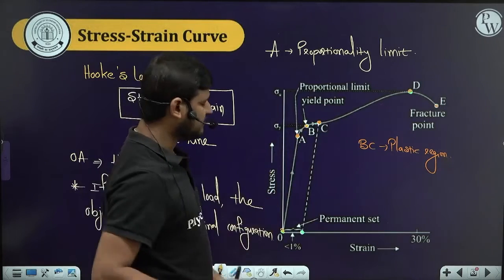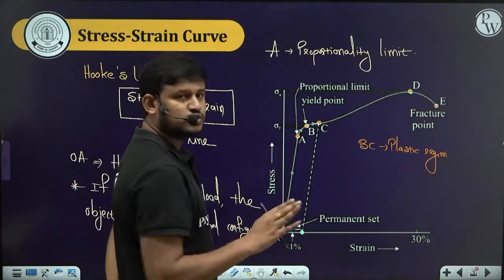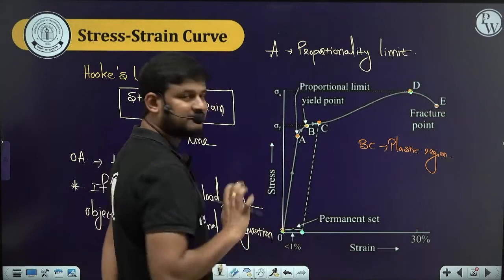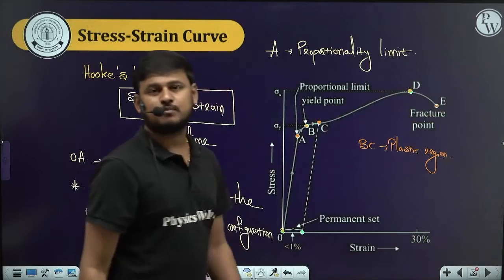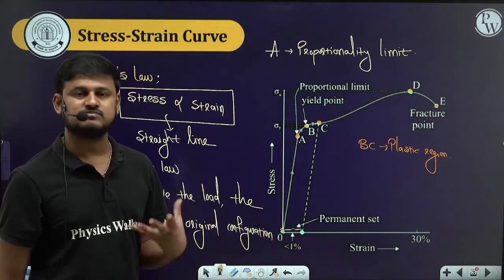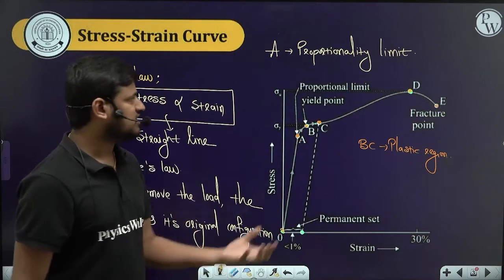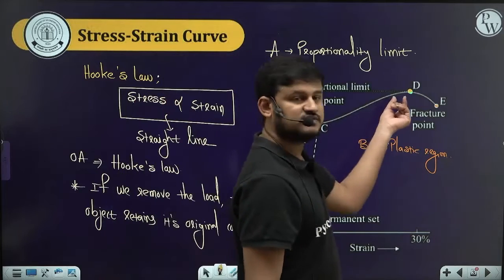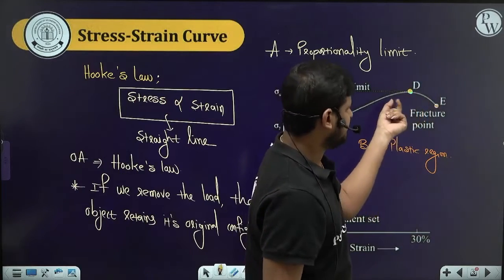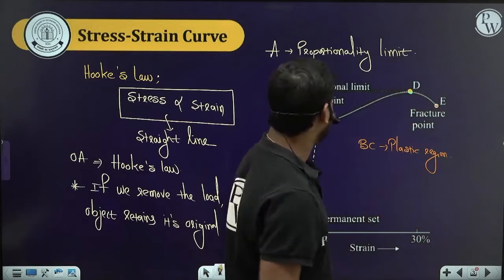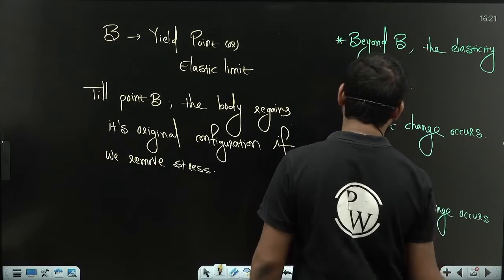Beyond B, if you apply force, the body will not retain its original position, so there will be some permanent set. D is the maximum stress or maximum load the body can withstand, which we also call the breaking stress or ultimate stress. And E is the fracture point. Clear? So this is all about the stress strain curve.